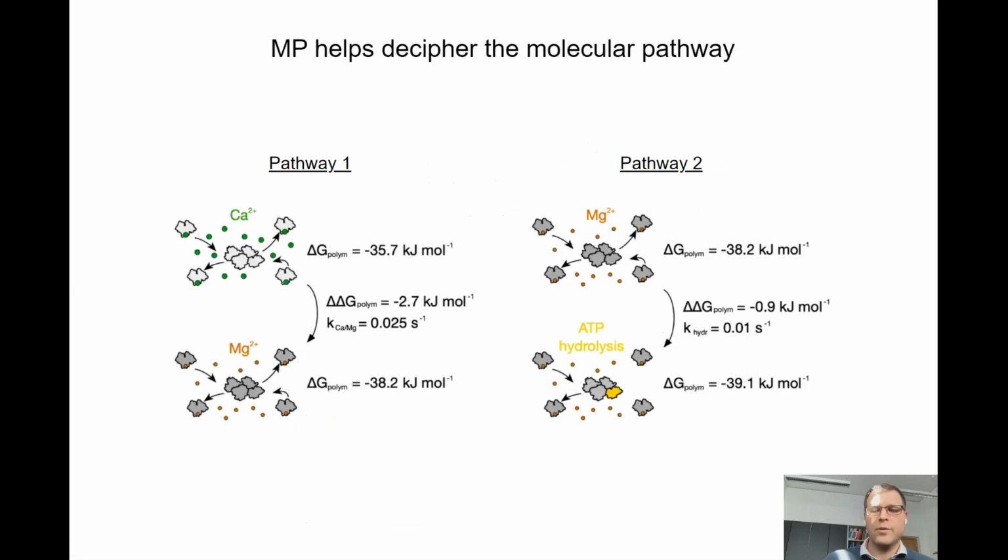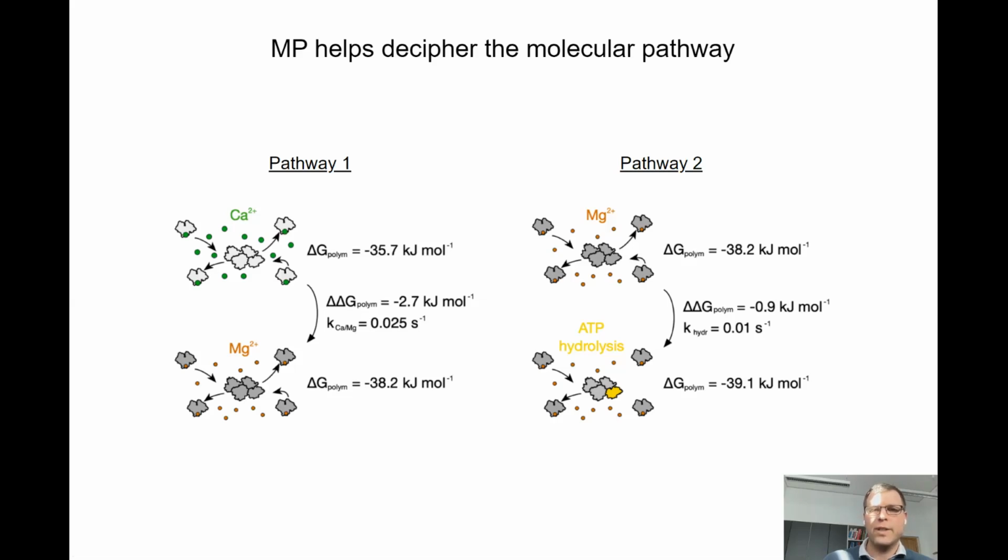And we even identified two different pathways for actin. One was the calcium to magnesium transition. If you look at it from a more thermodynamic point of view, you can say the calcium state has a less favorable Gibbs free energy of polymerization, and the magnesium state has a more favorable one.